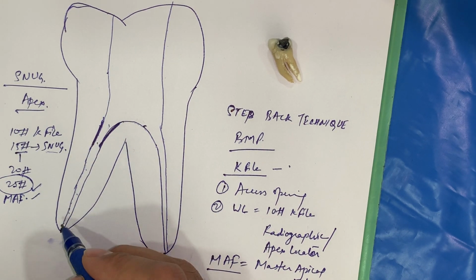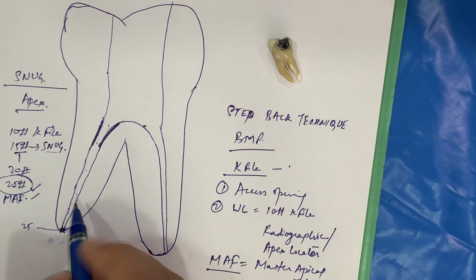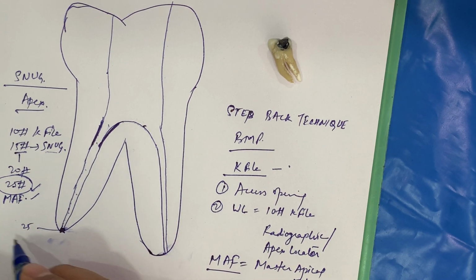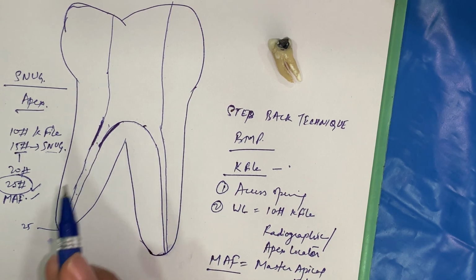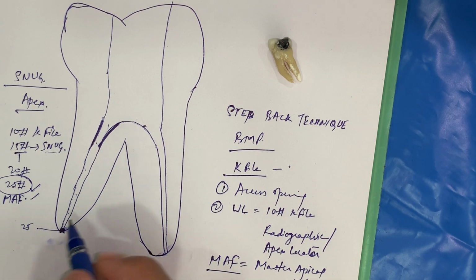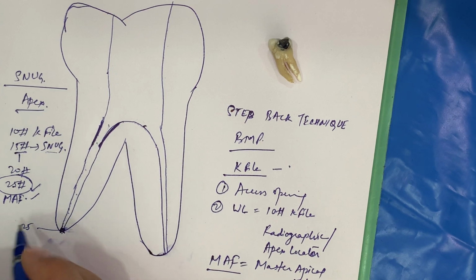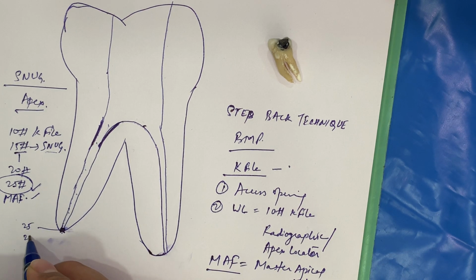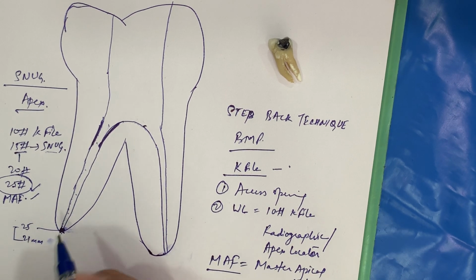Our 25 number file will reach the apex. Now we will be increasing the sizes of the files and we will decrease the working length by 1 millimeter with each file enlargement. So if our 25 size is the master apical file, and our working length is, for example, 21 millimeters, then at 21 mm it will be the 25 number K file.